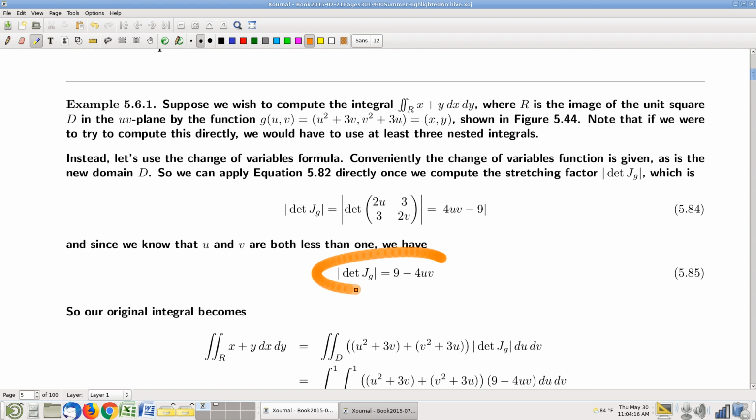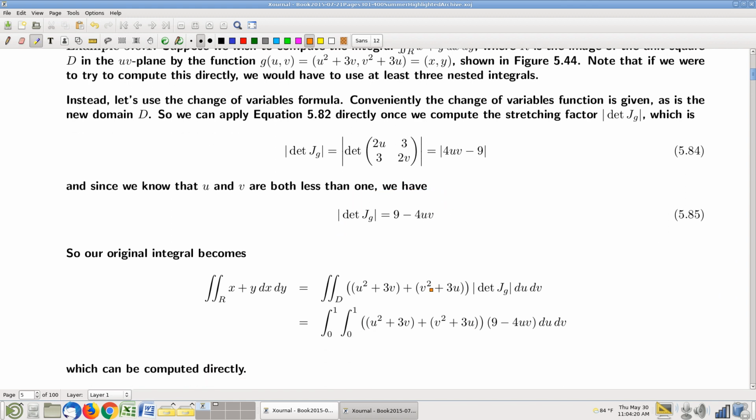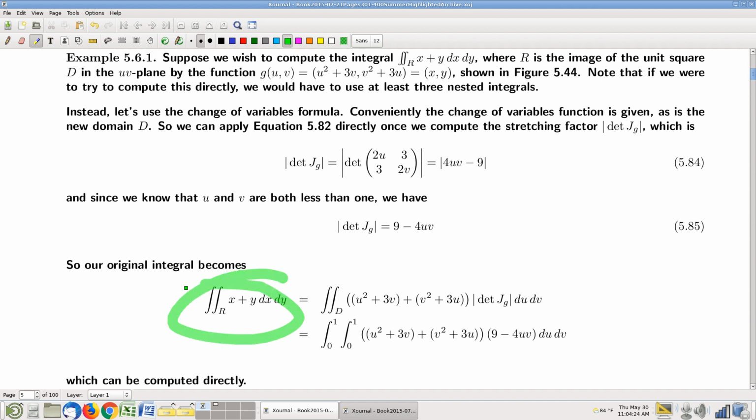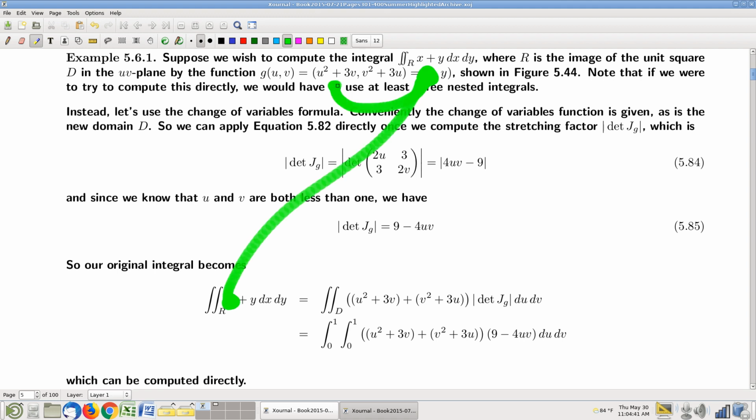Okay, so there's our stretching factor. It's all downhill from here. Our original integral was this. First thing I need to do is rewrite x and y in terms of u and v. Now, let me point out how easy that is. X and y in terms of u and v, they're given right there. So, for example, x is, you can see right there, u squared plus 3v.